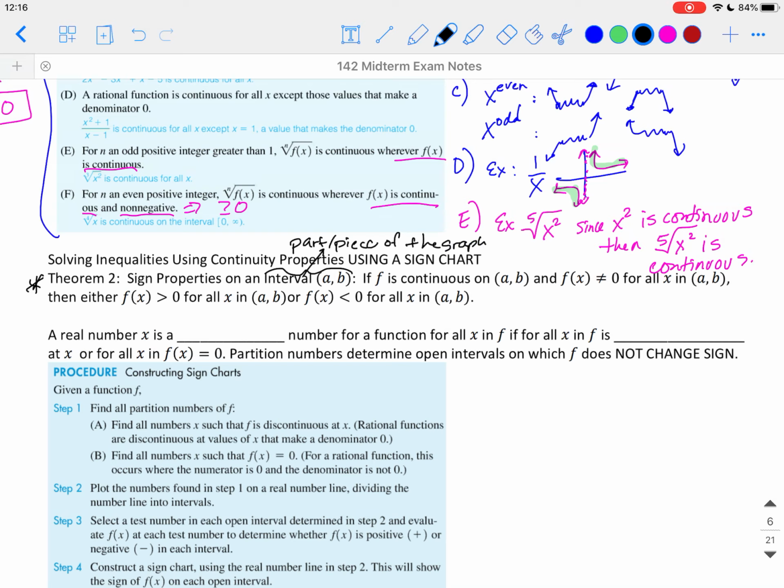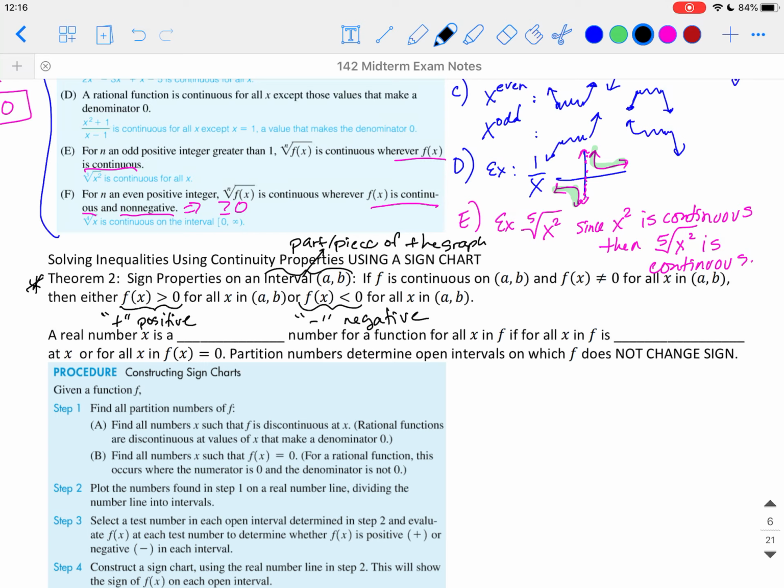If the function f is continuous on an interval AB and f of x can't be equal to 0 for all x in the interval AB, then either f of x is greater than 0, which means that it is positive, or f of x is less than 0, which means that it is negative. So it's very important to understand that.